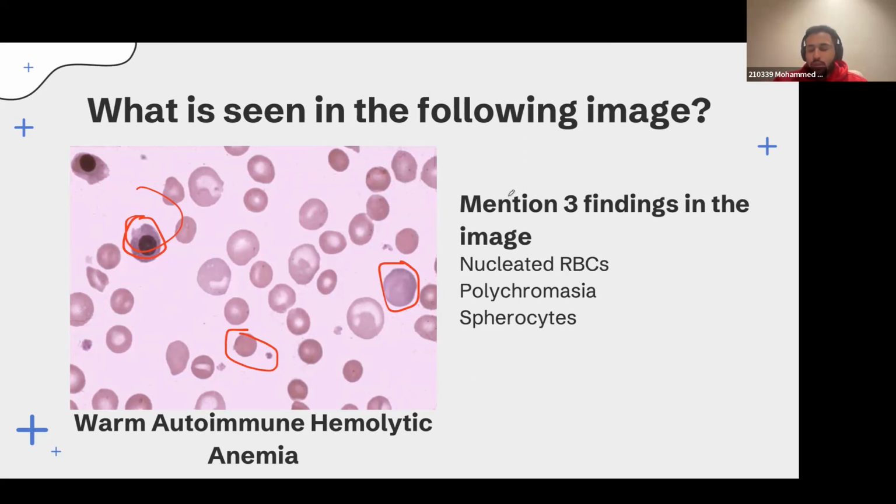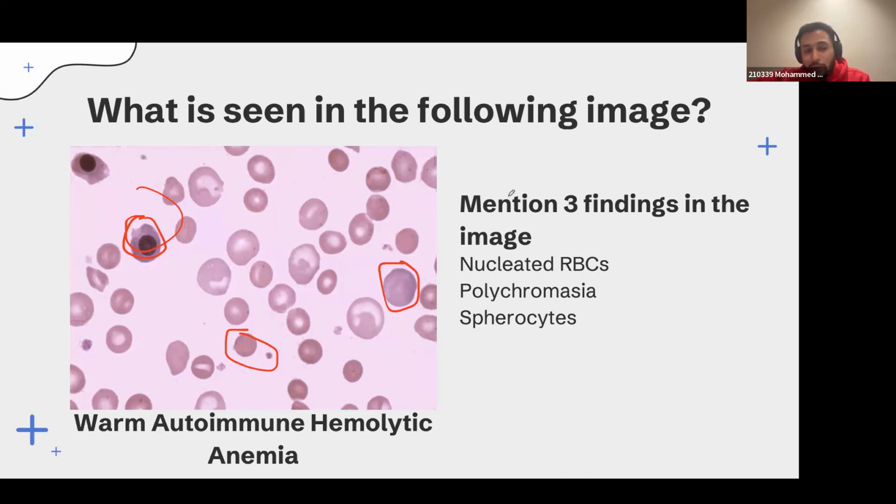Now, for autoimmune hemolytic anemia, there's two types, warm and cold type. Now, warm type, can you give me two causes of warm type hemolytic anemia? SLE, perfect, and one more. Lymphomas, good, and CLL even.